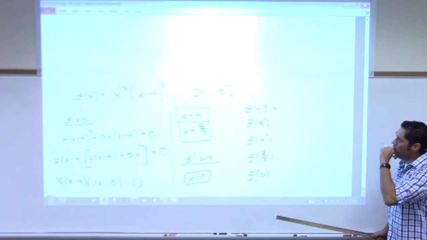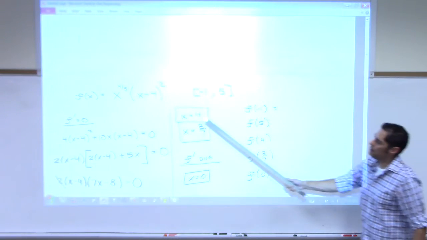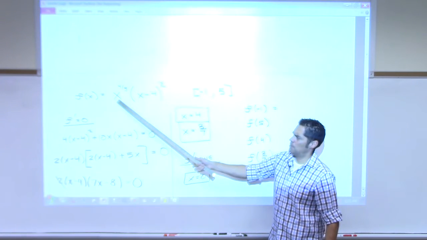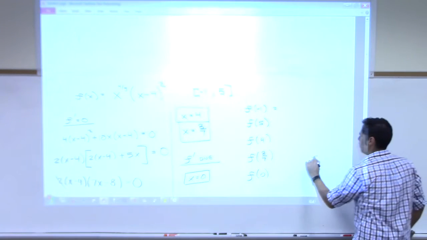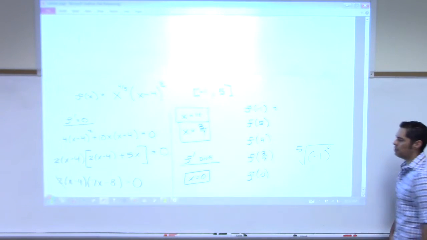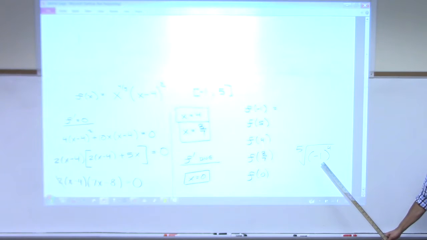All right, let's go through this. -1 right here. What's -1 to the 4/5? It's what we just said a second ago. It's -1 to the 4th, which is 1, and the 5th root of 1 is 1.